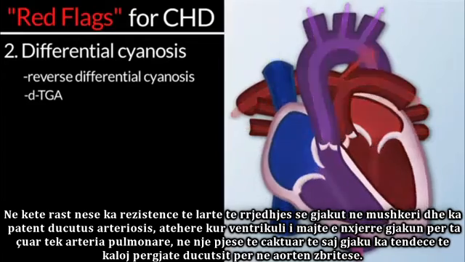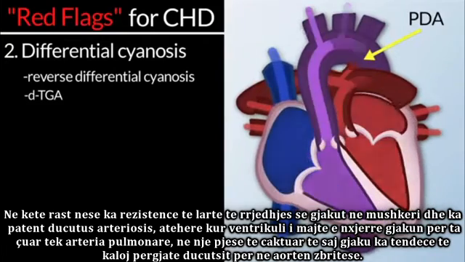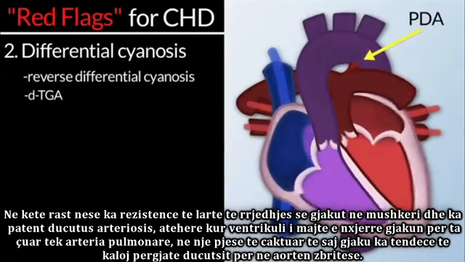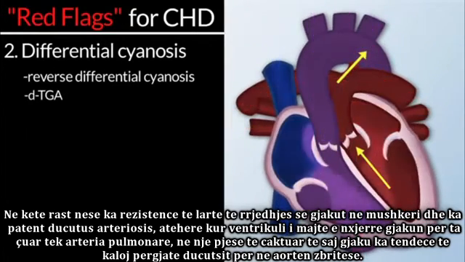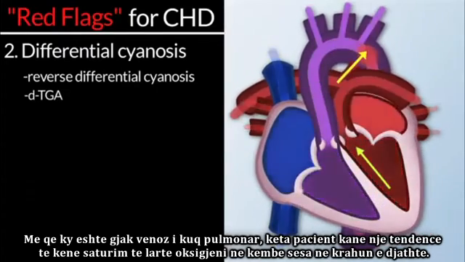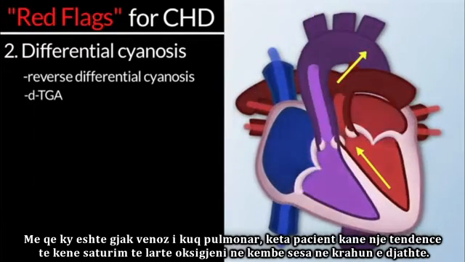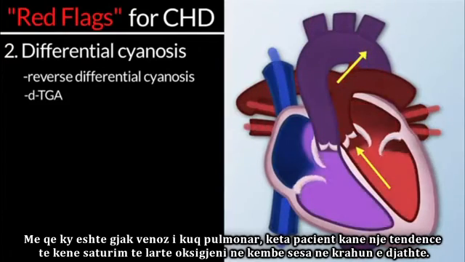In this case, if there is very high resistance to blood flow in the lungs and there's a patent ductus arteriosus, when the left ventricle ejects blood into the pulmonary artery, a certain fraction of it will tend to go across the ductus into the descending aorta. Since this is red pulmonary venous blood, these patients will actually tend to have higher oxygen saturation in the legs than in the right arm.